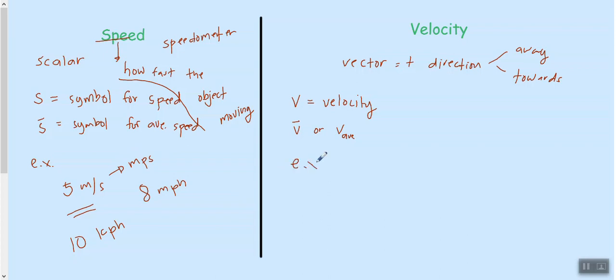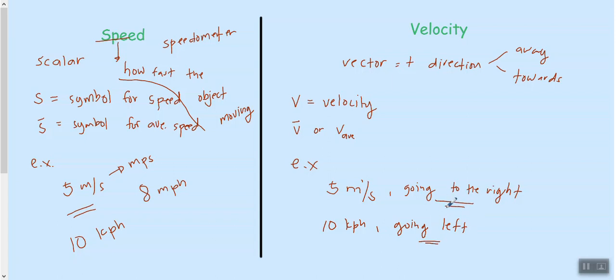A velocity example would be 5 meters per second going to the right, or 10 kilometers per hour going left. So it gives us an idea that it is going somewhere.